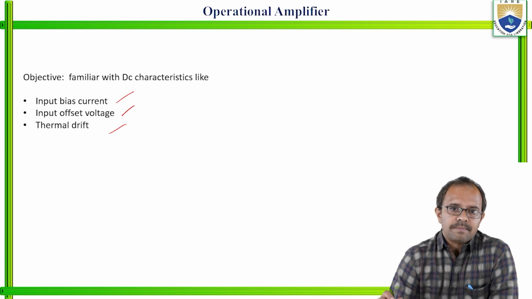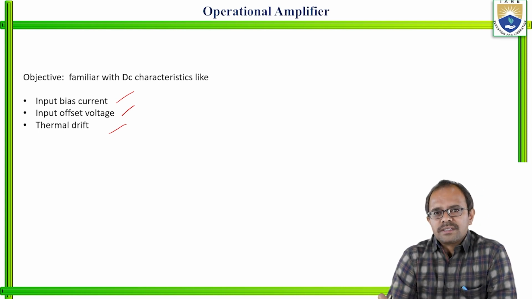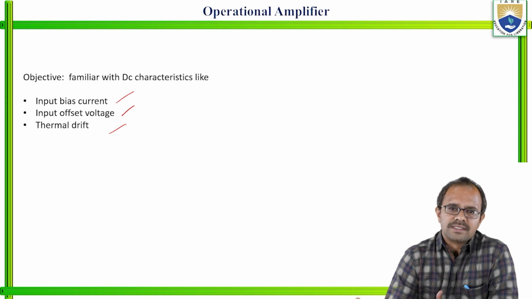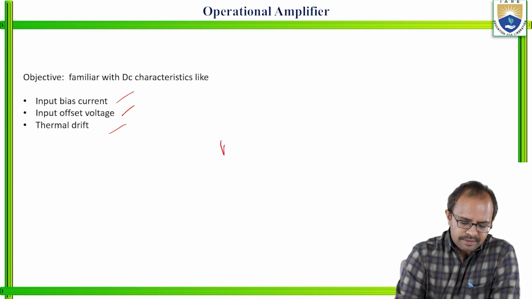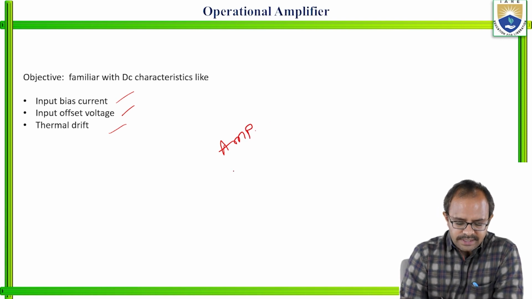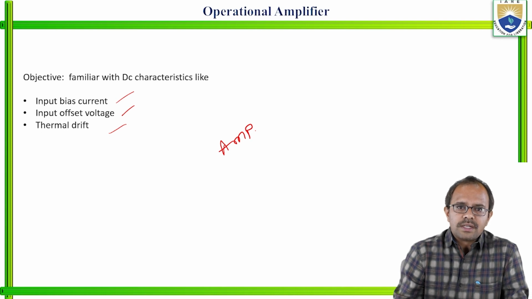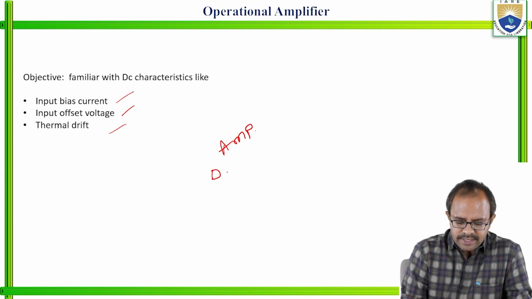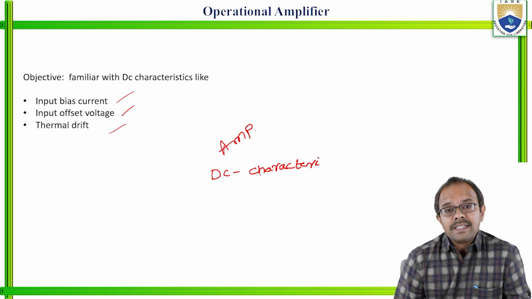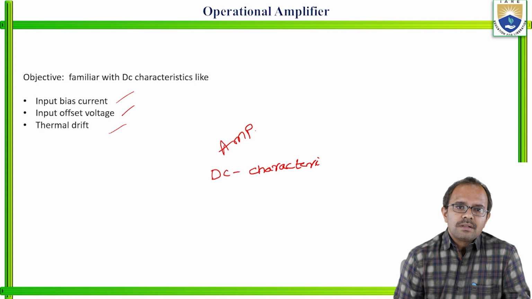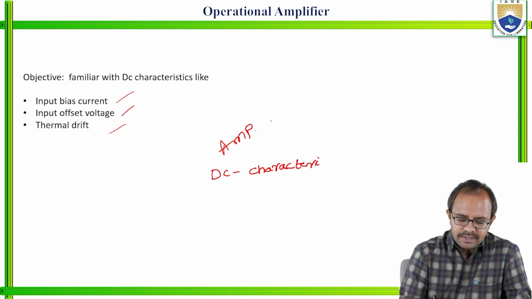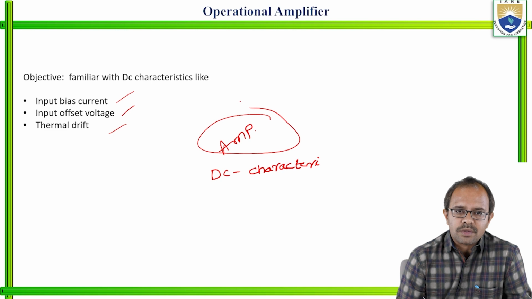And coming to the DC, what are the DC characteristics of any device or any circuit? Let us say I consider an amplifier. What are the DC characteristics of this circuit? What DC parameters are associated with any amplifier circuit?